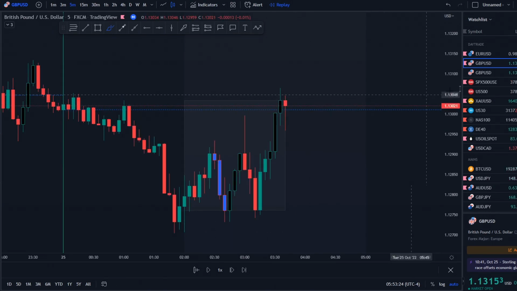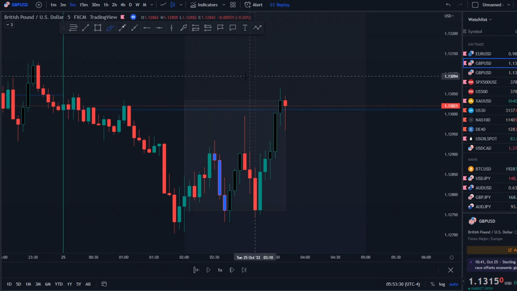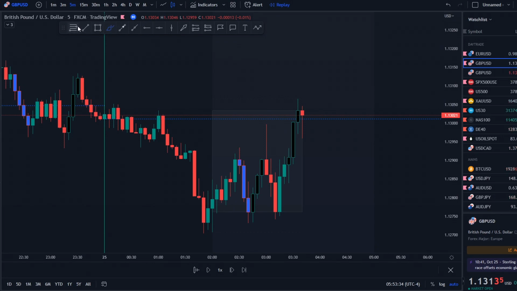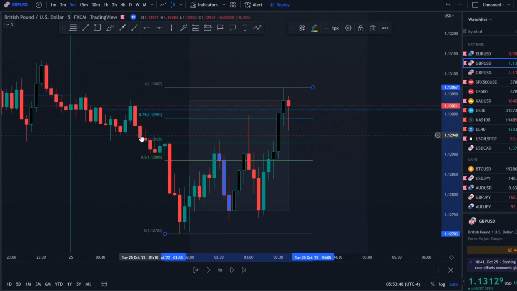Anyway, I thought it's gonna be an intraday thing. So let's just use a Fibonacci tool. Here, this one made a daily high right there, and this one's daily low.